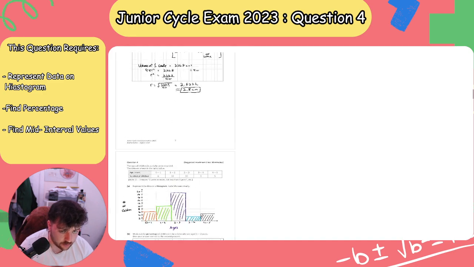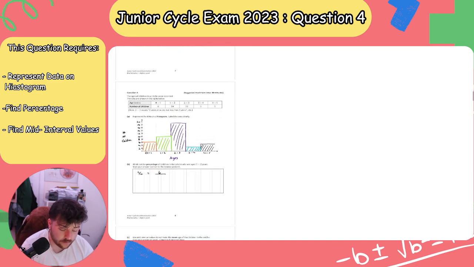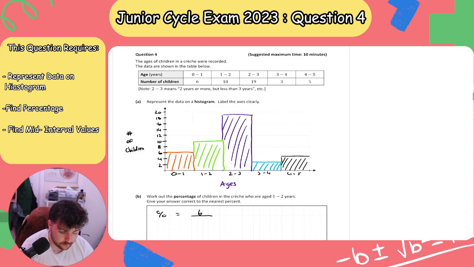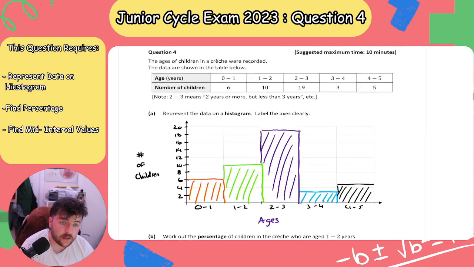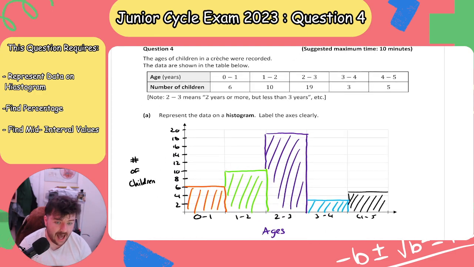How many total children do we have? We're just going to add up the number of children here. So it's 6 plus 10 plus 19 plus 3 plus 5.